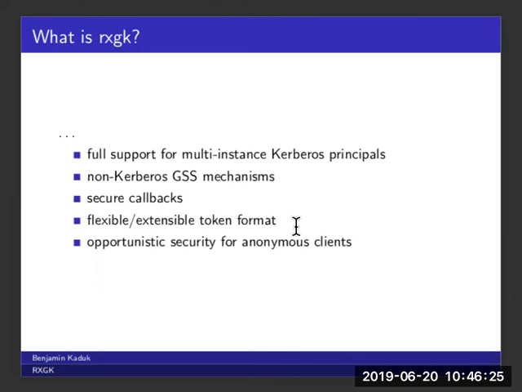And this last bullet, opportunistic security for anonymous clients. What I have in mind for that is basically anonymous PKINIT. So you can do a Kerberos Diffie-Hellman key exchange to get a shared secret between two parties without necessarily authenticating the client. You might still authenticate the KDC in a Kerberos environment, but that's a way to say that even on an AFS client that doesn't really have credentials, that doesn't have a user that can log into the system, you can still have a way to encrypt your data over the wire.